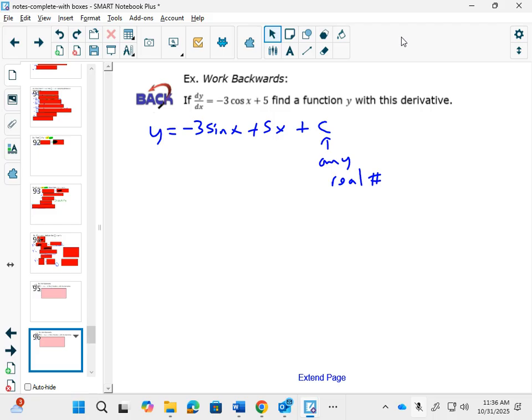Cos x becomes negative sin x, right? Right. And 3 was already negative, so that can't be. We're working backwards now. This is where the positives and negatives, when we start working backwards, really mess you up. Because derivative of sine is positive cos. So working backwards with the negative cos, it stays negative to sine.